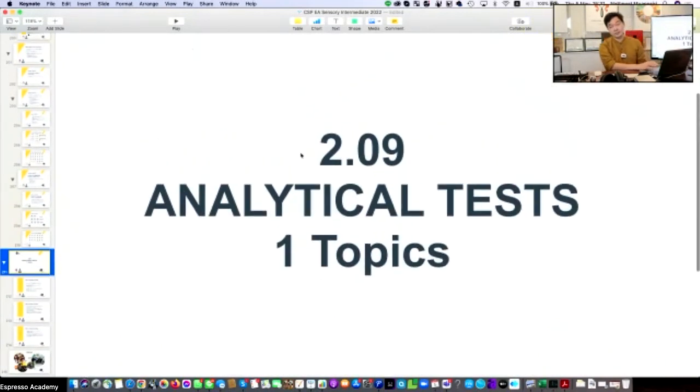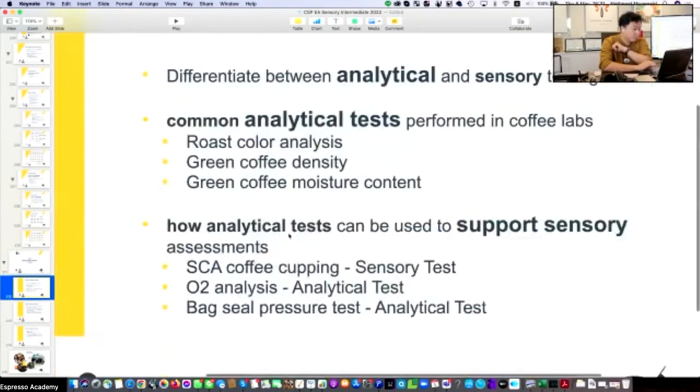For the sensory analytical test, it is when you want to measure everything before you taste them so you can associate the sensory perception with the numbers. For example, roast color, green coffee density, green coffee moisture content.